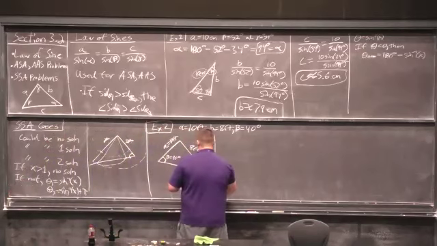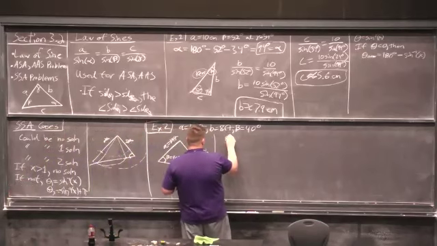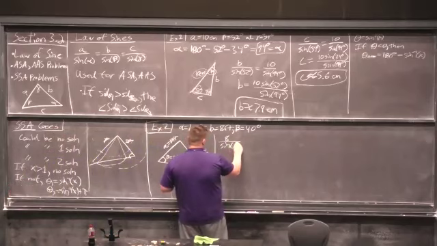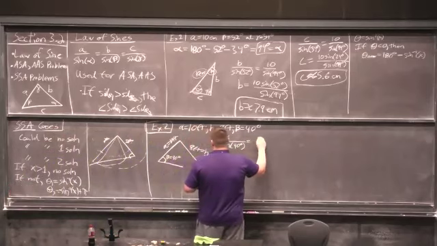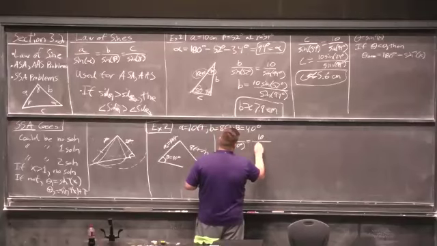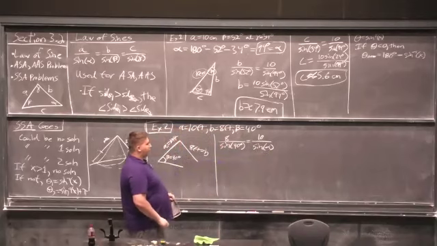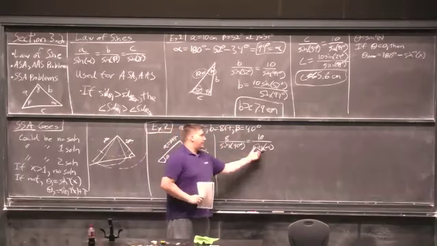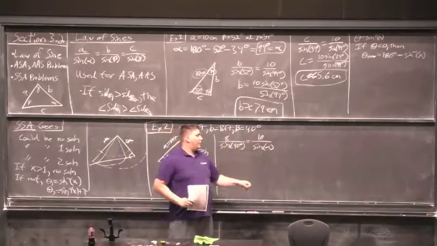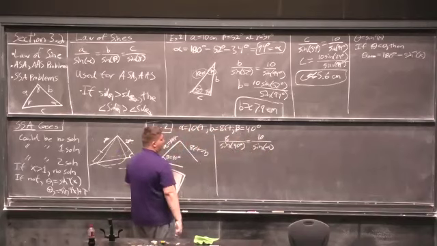So we're going to start with b divided by sine of 40 degrees is equal to a, which is 10, divided by sine of alpha. We're going to solve for sine alpha, so times this to the other side, divide, and then take inverse sine.